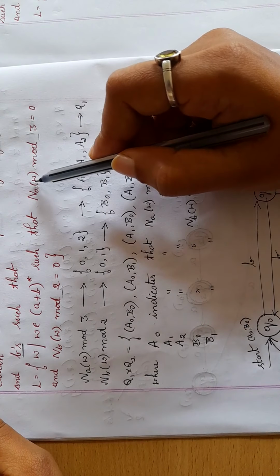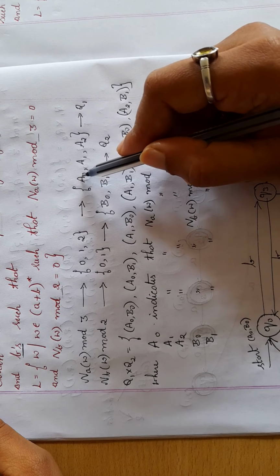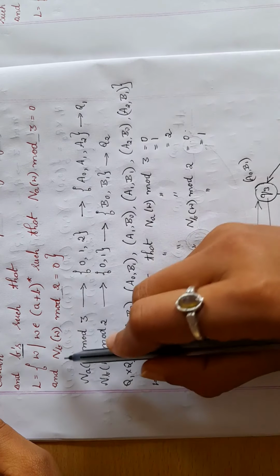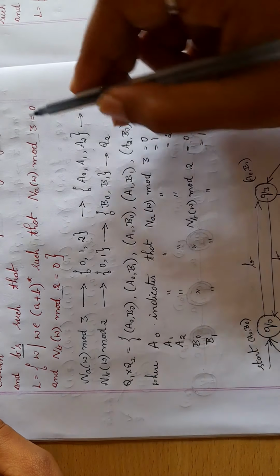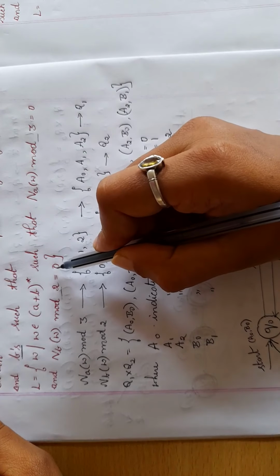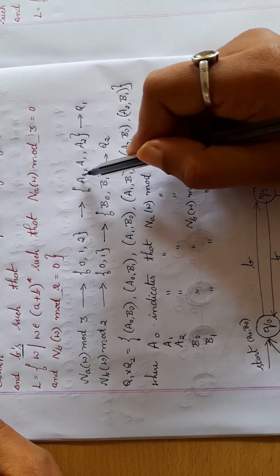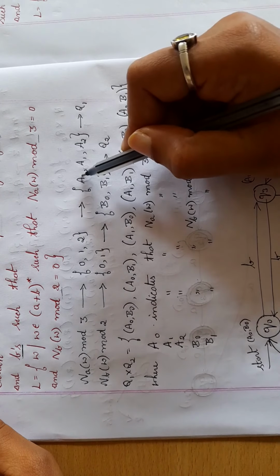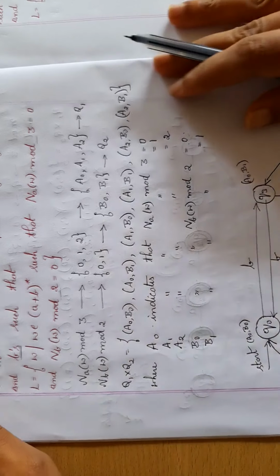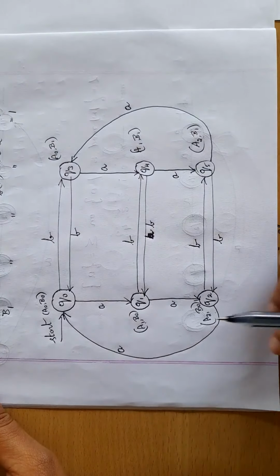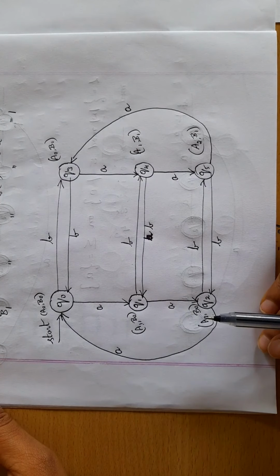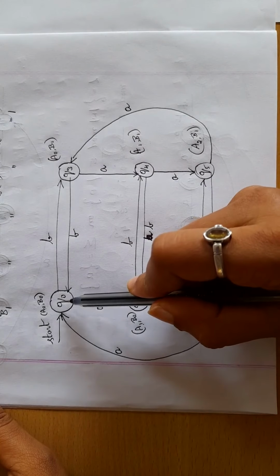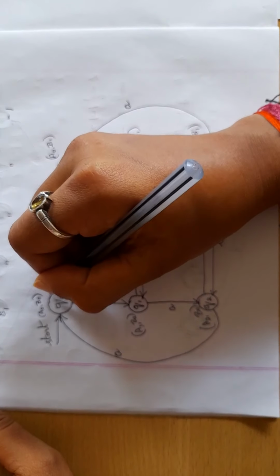With respect to NA, you took the variable as capital letter A, and here you took it as B. Wherever you have 0 and 0, that will be the final state. That is, A0 and B0 will be the final state. So in this particular DFA, where do you have A0 and B0? Here you have A0 and B0. So this becomes the final state.